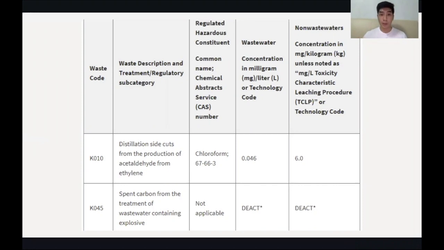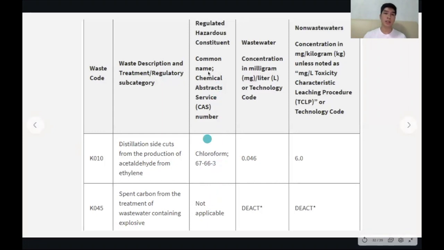So, for the third column, the regulated hazardous constituents lists the specific regulated hazardous constituents that must be treated. Here it states which chemicals must be treated within the waste. This determination can be made by performing chemical analysis of the waste, so it must be documented all the time.